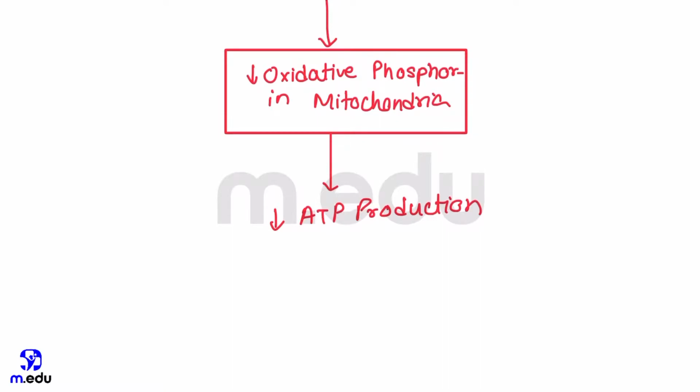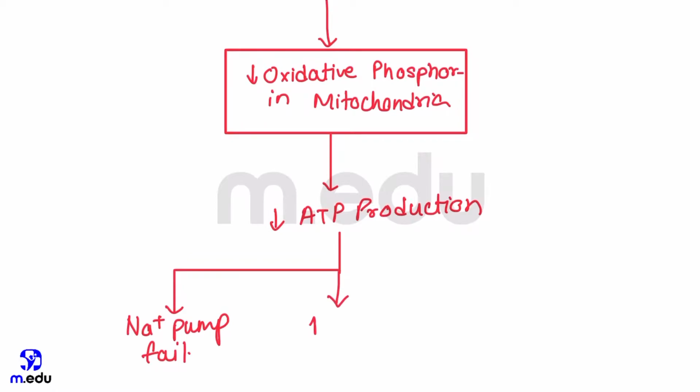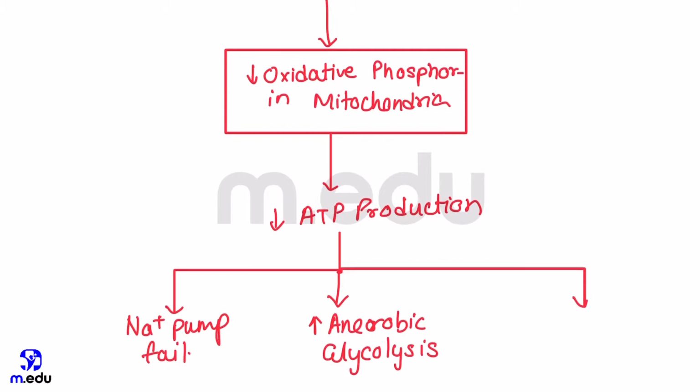Now, due to this decreased ATP production, there are three main things that are happening. Number one, the failure of sodium pump. Number two, increased anaerobic glycolysis. And number three, the detachment of ribosomes.